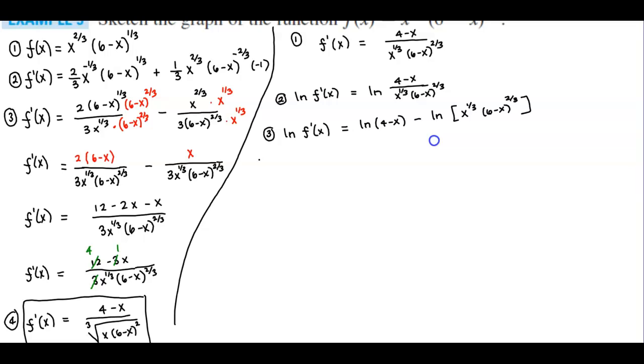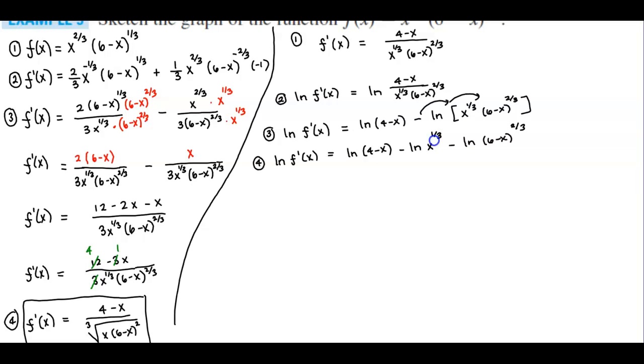Okay, now we're going to expand this a little more. So we have the natural log of f prime of x, which is going to equal the natural log of (4 minus x). We're going to be distributing this log to both factors of the product, so it's minus the natural log of x to the 1/3 minus the natural log of (6 minus x) to the 2/3.